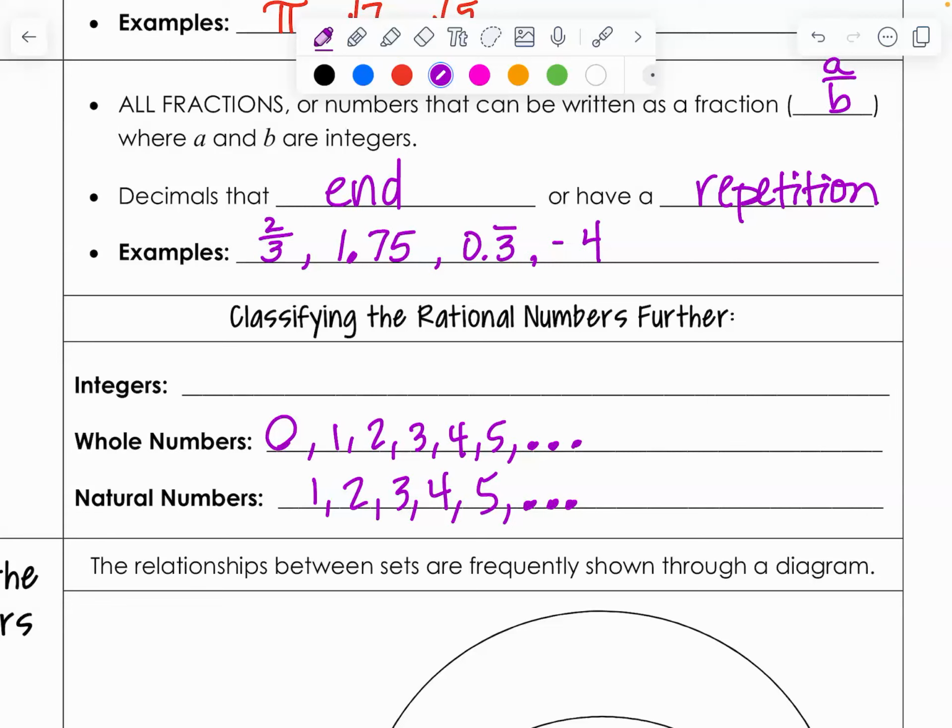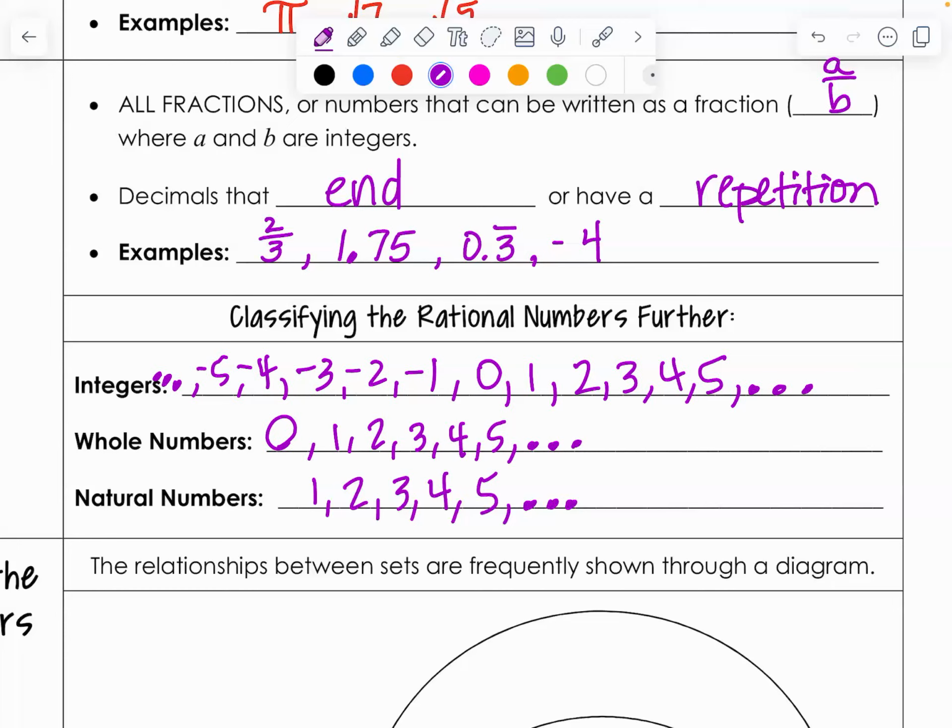Okay, integers. I'm going to add to this list now. Negatives. So there's 0, 1, 2, 3, 4, 5, and so on, but then there's also going to be all of the negative numbers. Basically all the numbers we would use to label our number line, those are integers. Positive and negative.